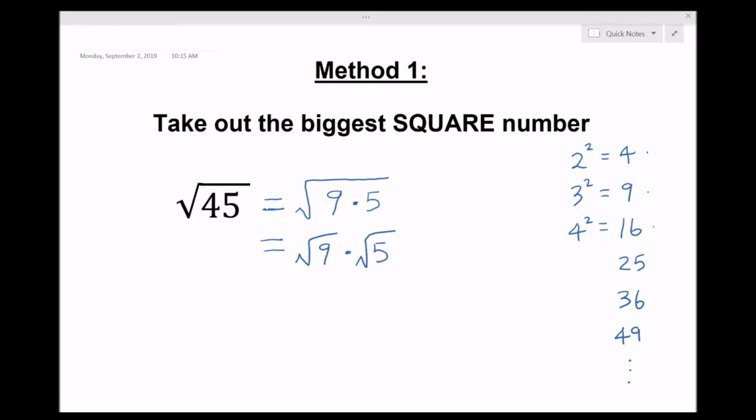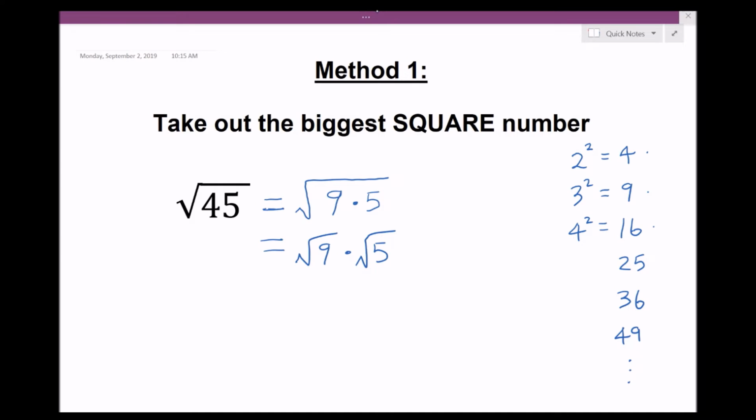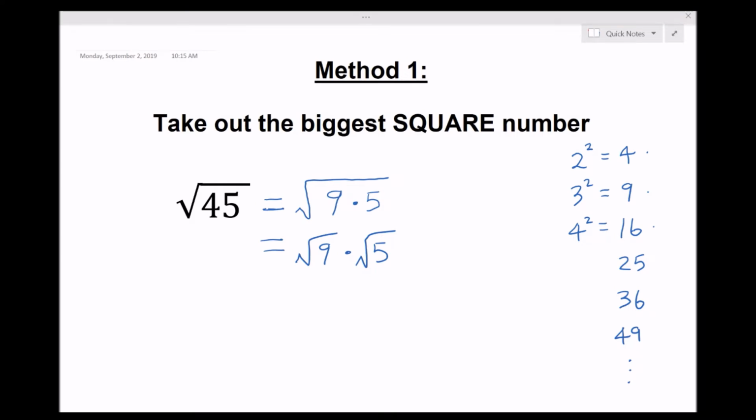Now, square root of 5 is a strange, weird number. It's not an integer. It's what we call an irrational number. So this is as simple as it can get, and we're going to keep the square root of 5. But what do you notice about the square root of 9? The reason we take out a square number is because when you square root it, it's a clean integer number, right?